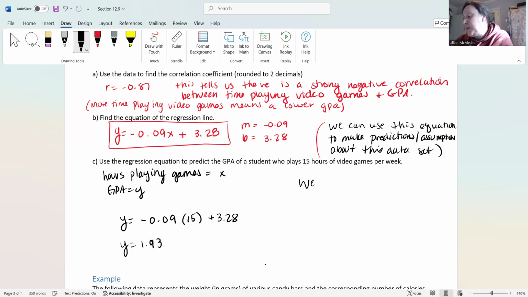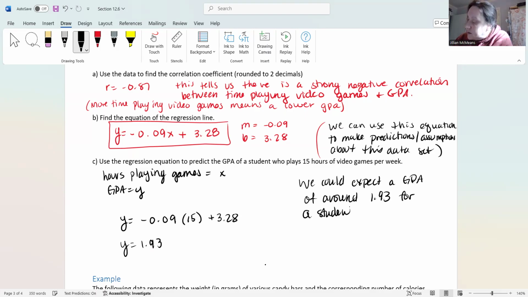So we could expect a GPA of around 1.93 for a student who spent 15 hours a week playing video games.